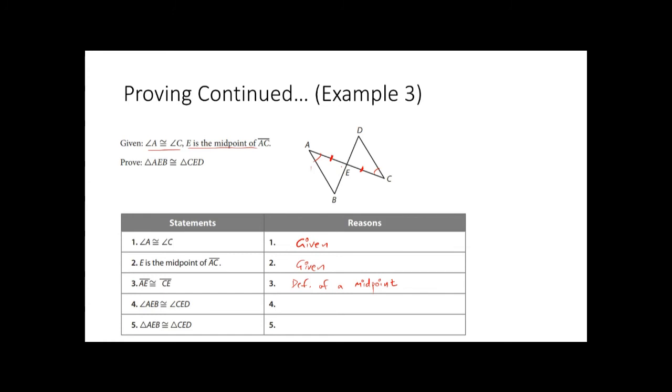Now I see a vertical angle. I don't know about you, but I definitely see a vertical angle, and that's where it comes in here. Angle AEB, and I just marked them up there, is congruent to CED, and that's because they are vertical angles, which is very useful.